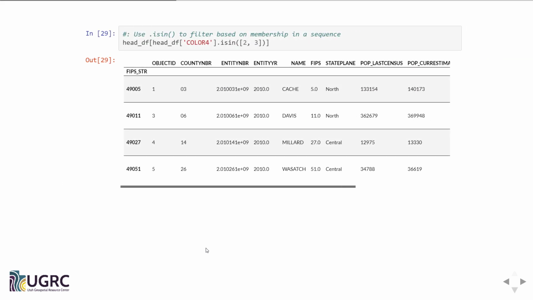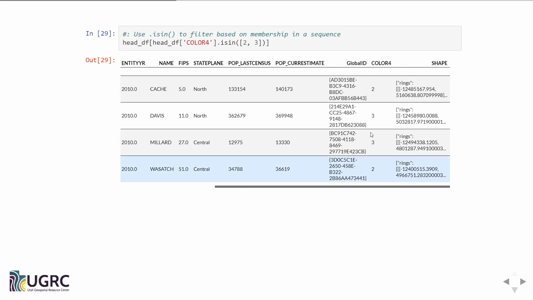Now, we can also use .isin to create that same or a similar list of Booleans. So I'm saying where that color 4 column is in 2 or 3. So that's saying I want all rows where color 4 is either 2 or 3. And if we come over here and look at color 4, 2, 3, 3, 2, the 5th row, whichever it was, I think had a value of 4.